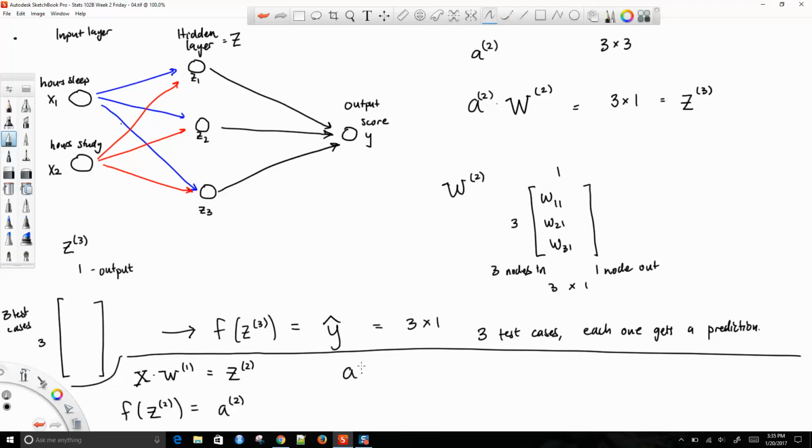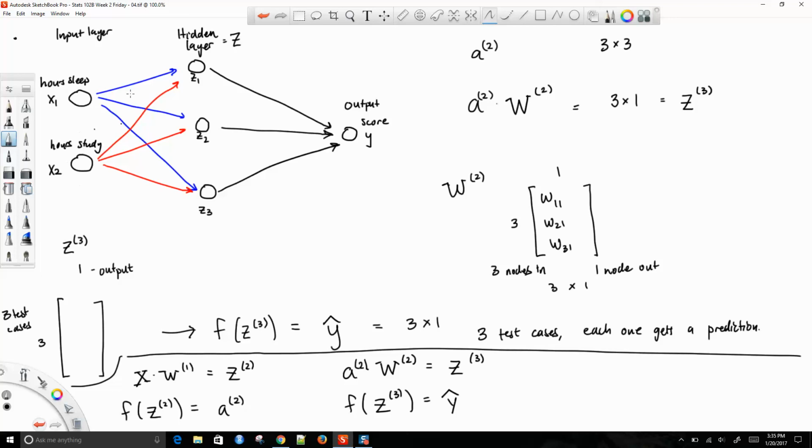We multiply those outputs times the second weight matrix, and this will provide the inputs at our third layer. And lastly, we apply the function at our third layer, and this is going to produce our predictions y hat.